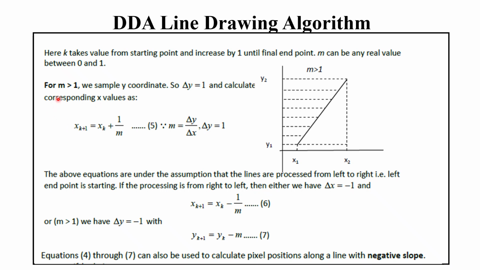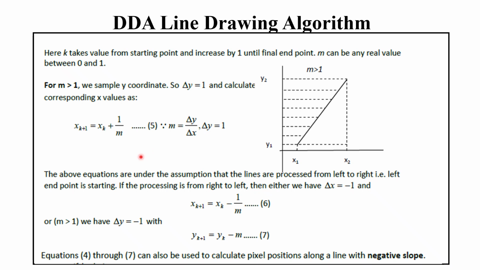Suppose m is greater than 1, that is positive slope. We compute y coordinate, that is del y is equal to 1, meaning y value will be always incremented by 1, and we will calculate the corresponding x values with the help of this formula. So y value will be always incremented by 1 and x is calculated by using old x value plus 1 by m.